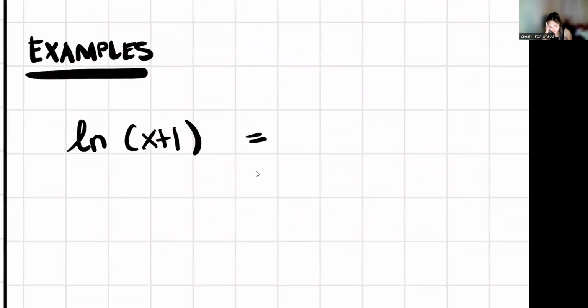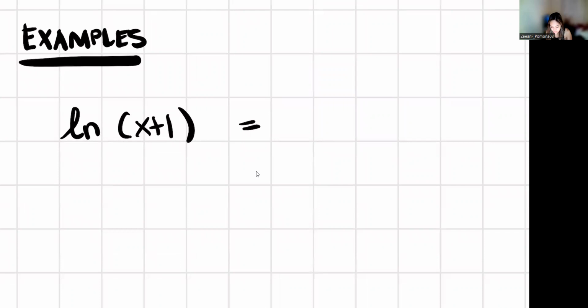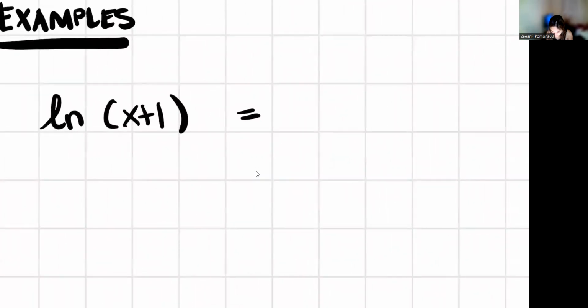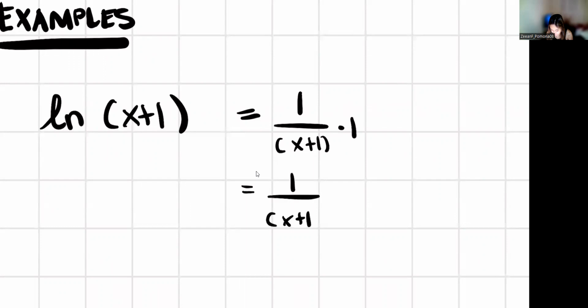Now let's do a little bit of challenge right here. So ln of (x plus 1). I have not taught chain rule yet, but this is sort of like chain rule. Okay, folks? So this would be ln of, well, the derivative of ln. So that would be 1 over x plus 1 times 1, which equals 1 over x plus 1.